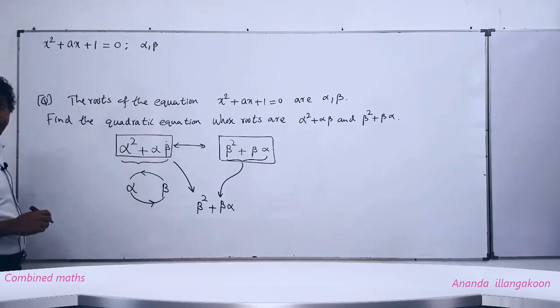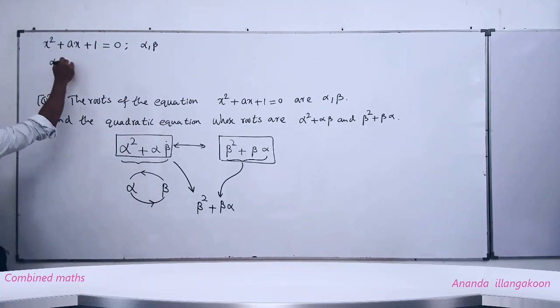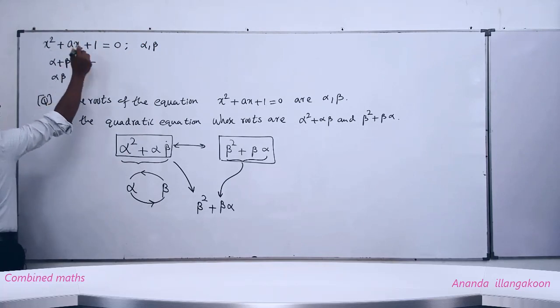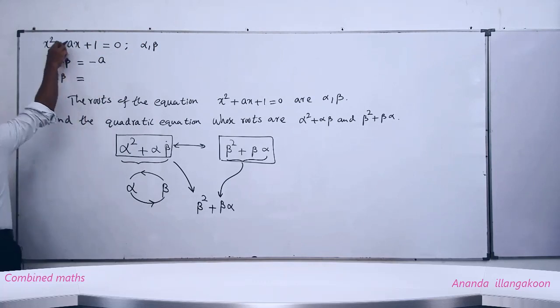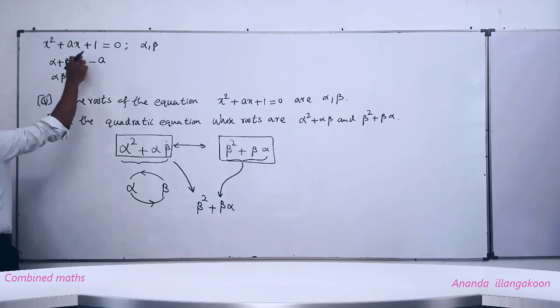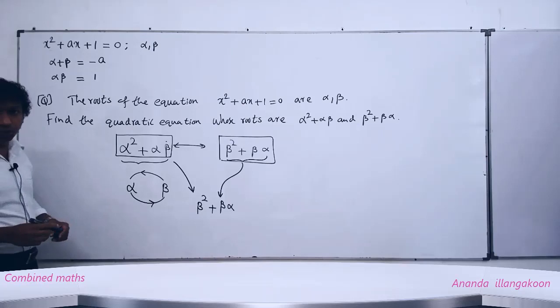We can write the sum of the roots and the product of the roots. Sum of the roots is minus x coefficient divided by x squared coefficient. The x squared coefficient is 1, so this divided by 1. Alpha beta product is the constant divided by the x squared coefficient, 1 divided by 1. Alpha beta is 1.